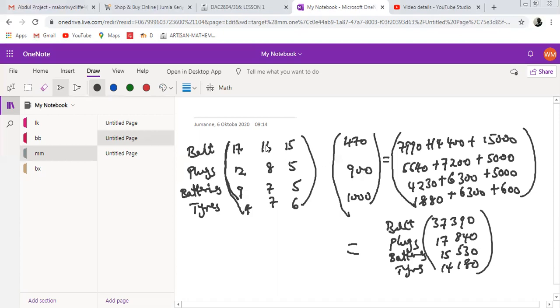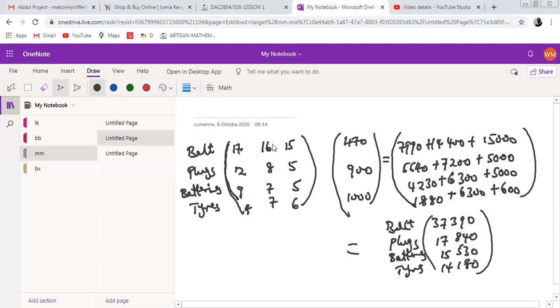If you multiply 16 times 900, we get 14,400. And then for the double cabin, each vehicle requires 15, and we have got 1,000. So we multiply, and we get this. It is this times this, plus this times this, so that we can get the total number of belts that will be required.